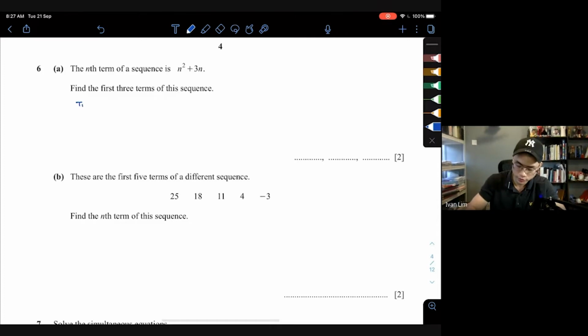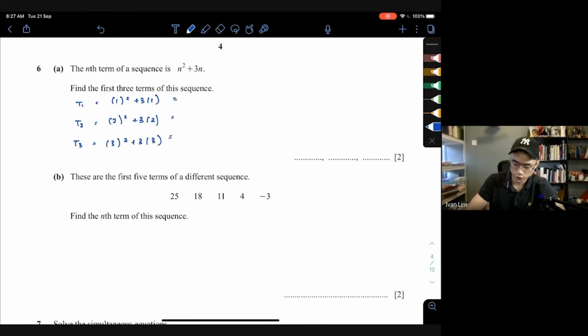So how I write it: T1, T2, T3. Just replace your n with 1, 2, and 3. Go and calculate it, and you will get 4, 10, 18. So these are your first 3 terms.